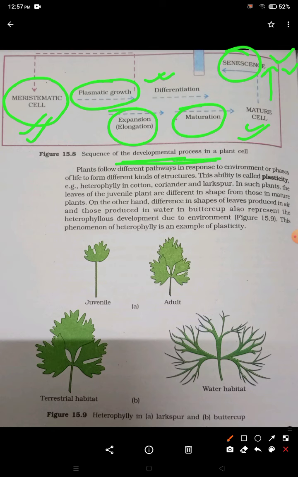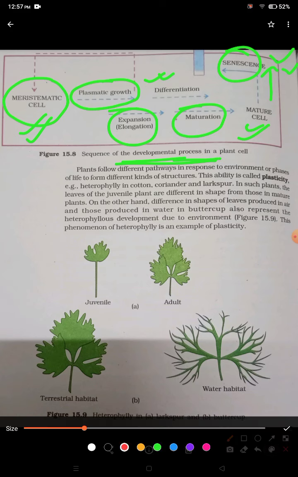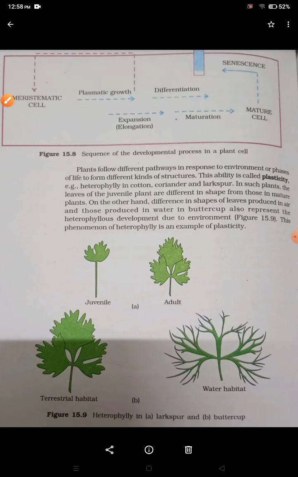One more phenomenon we are discussing here, that is plasticity. What is plasticity? We discuss plasticity in case of ranunculus, larkspur and buttercup.